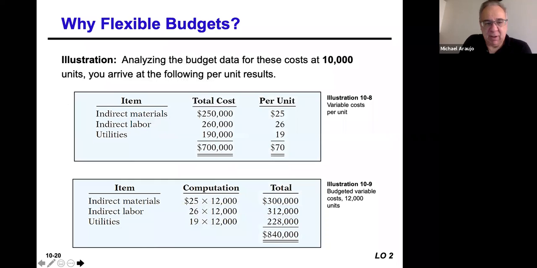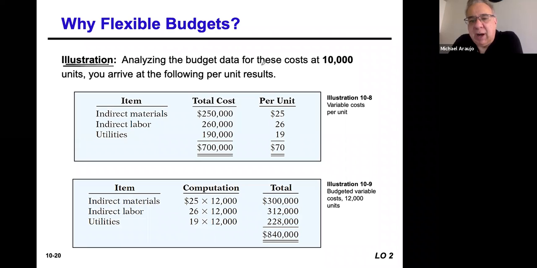Okay. So the first thing here is you have to figure out what the costs are on the budget that's based on 10,000. So based on 10,000 units, you had indirect materials of $250,000. Divided by 10,000 units, that's $25 per unit is the budgeted amount.